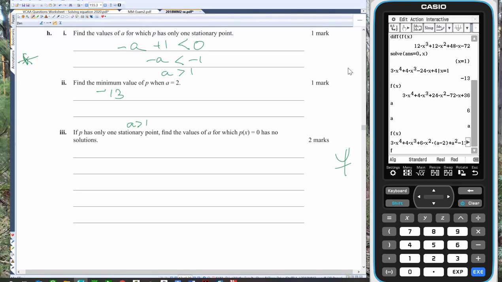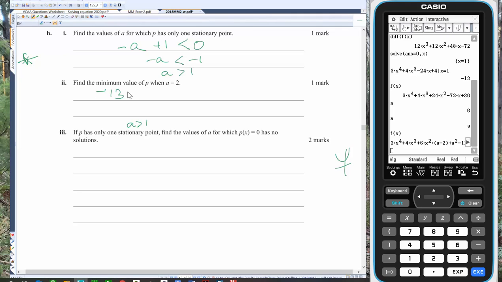So what we're going to say is solve f of x equals 0 for x. Actually, I'm not going to do that.